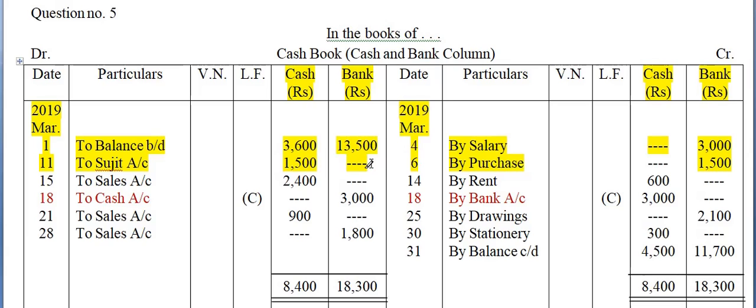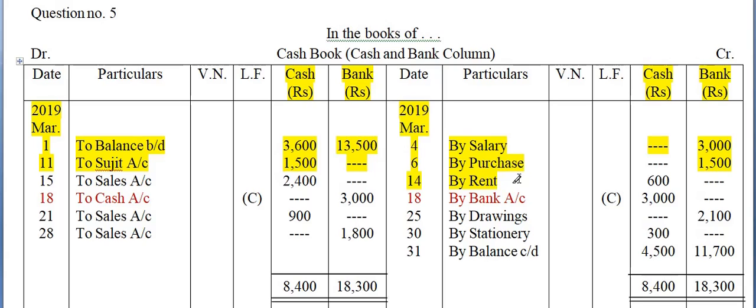Now on 14th, you are making a payment, so you will write By Rent Account. But here we have both cash and bank columns, and no information is given how the payment was made.